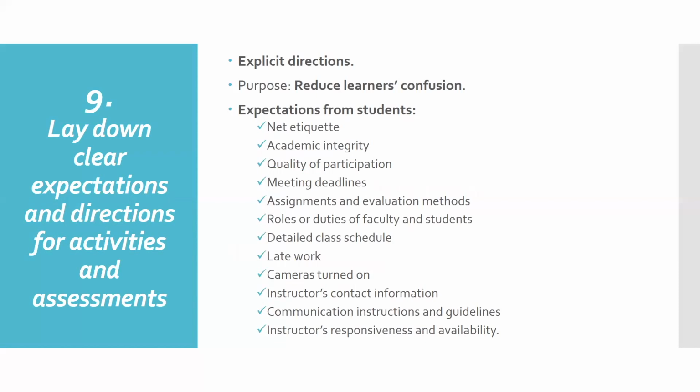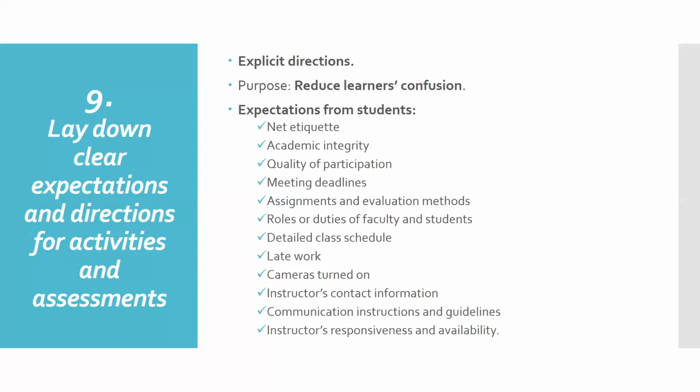Strategy number 9. Lay down clear expectations and directions for activities and assessments. When a map gives us clear directions, we reach our destination without any confusion. In the same way, providing explicit directions for course activities and assessments and letting students know what will be expected of them is a way to reduce learners' confusion and guide them towards learning.